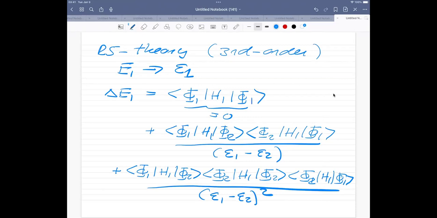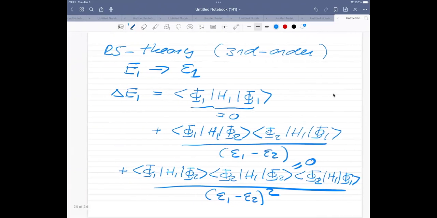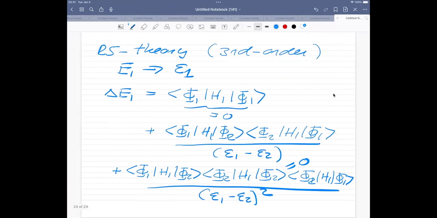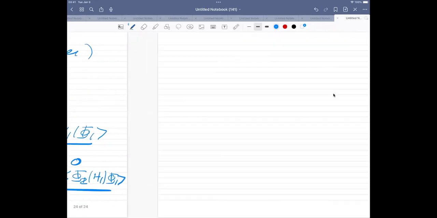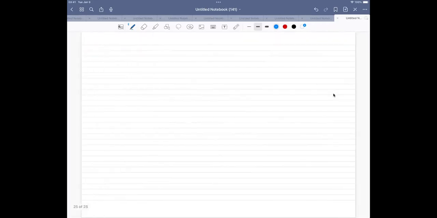Now, this term is also equal to 0. And in addition to this term, which we also have in Rayleigh-Schrödinger perturbation theory, there is an additional term which is also going to be 0.